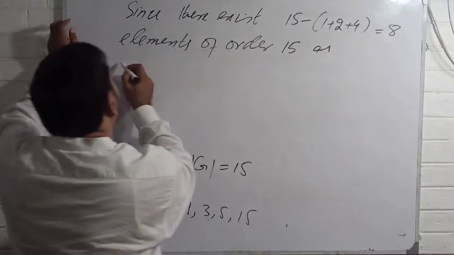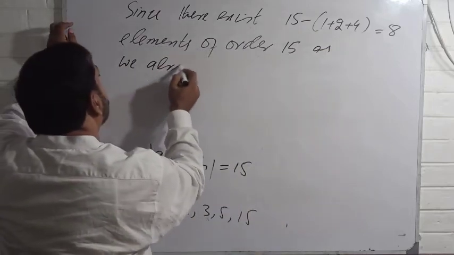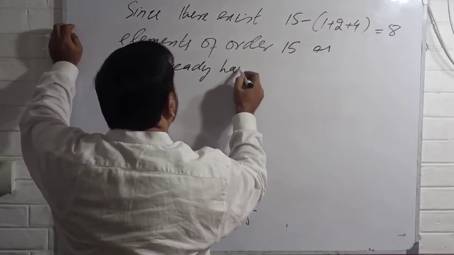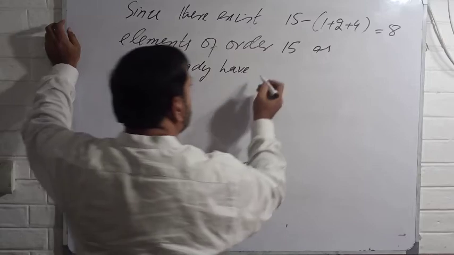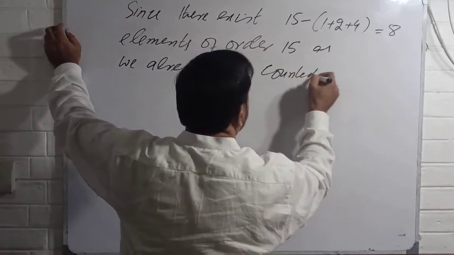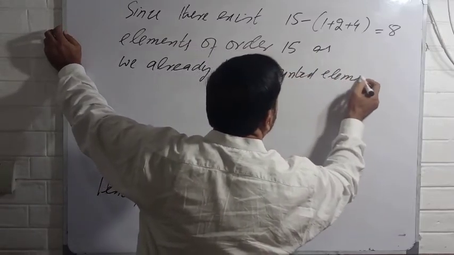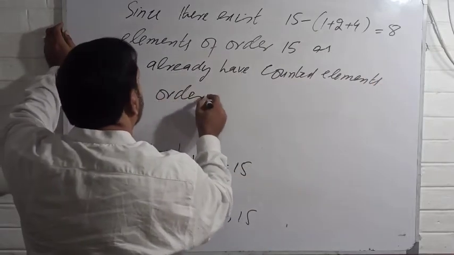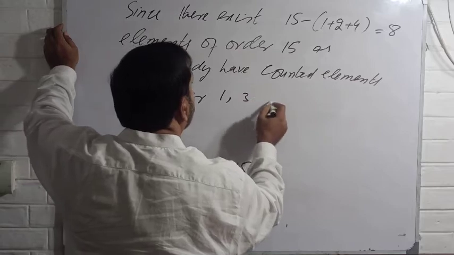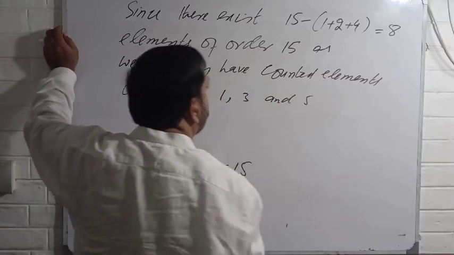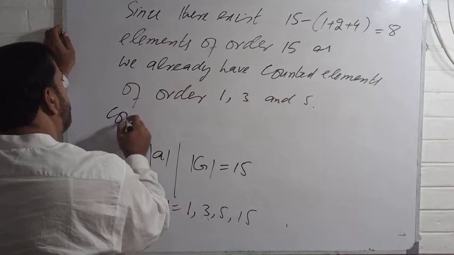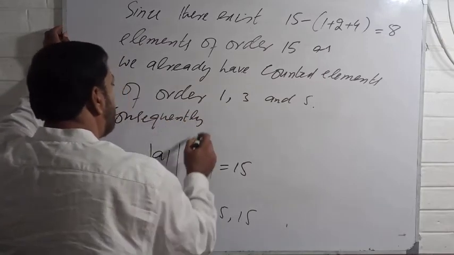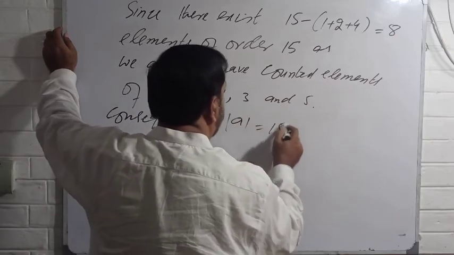As we have already counted elements of order 1, 3 and 5, consequently order of A is equal to 15.